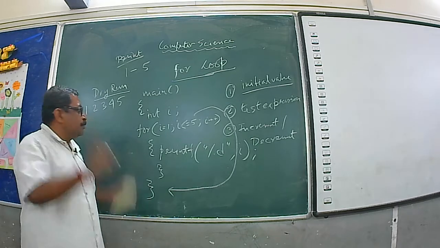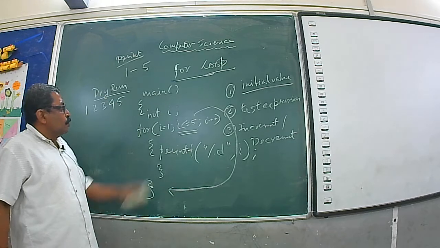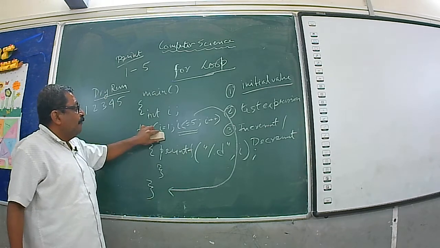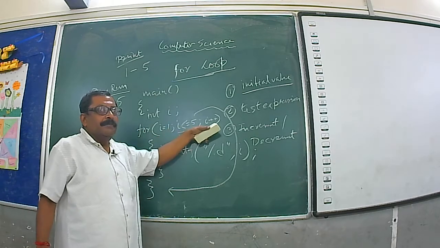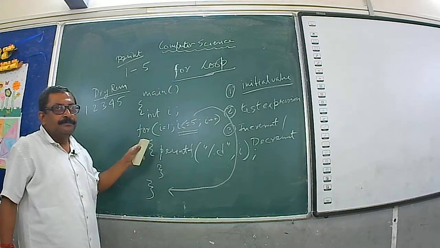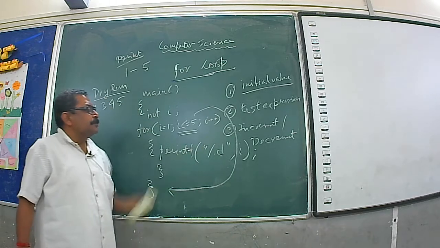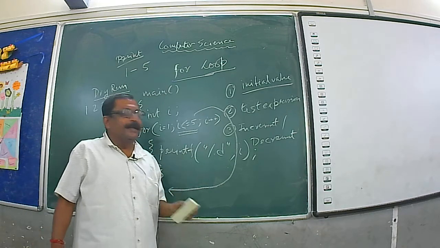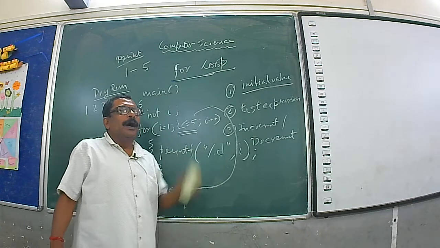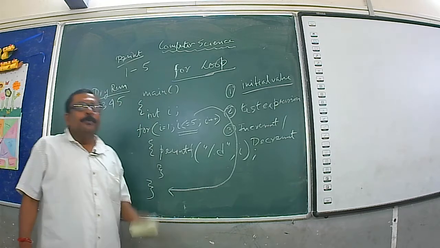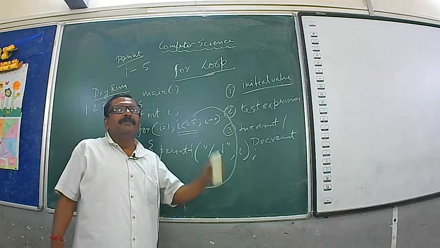Now maybe confusions can be raised here. So initial value or starting value, test expression, increment or decrement. These 3 things should be remembered. You should keep this in your mind: initial value, test expression, increment, decrement. These 3 things are required for every loop, either for loop, while loop, or do while loop, but their representation will be different.